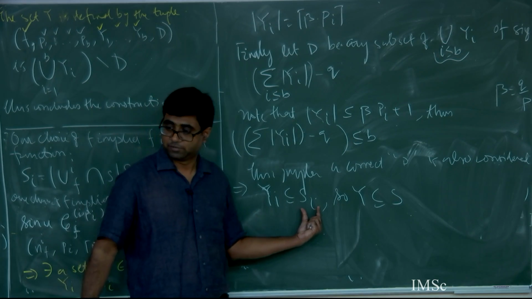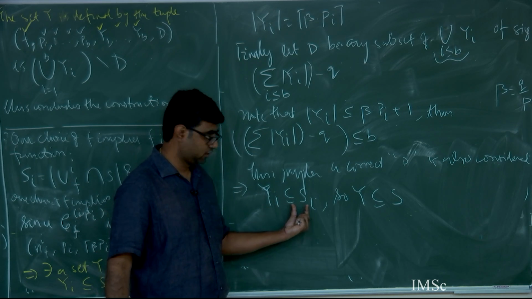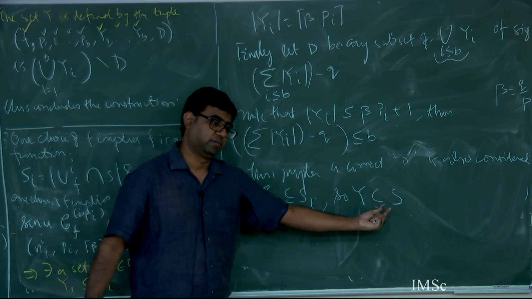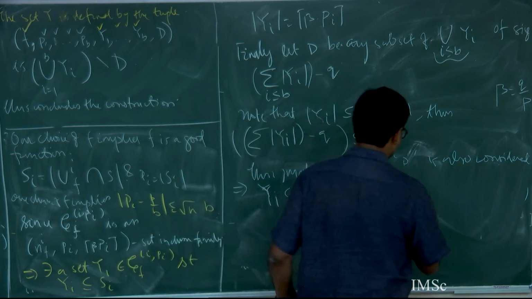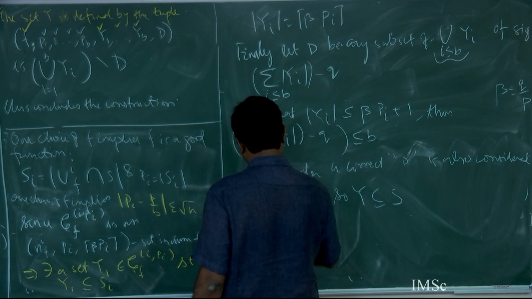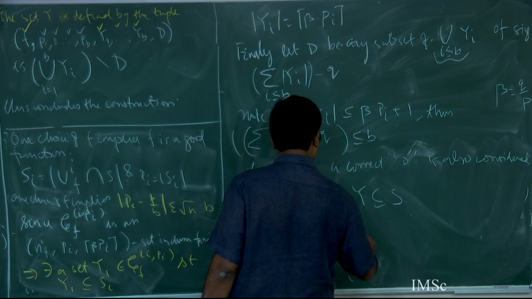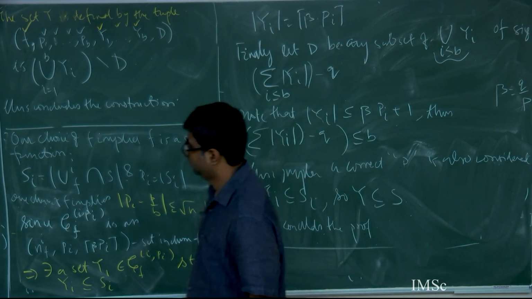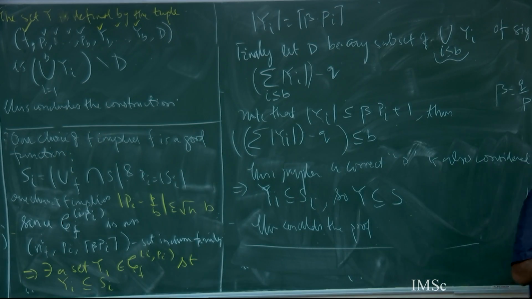Each y was a subset of Si. So if you take their union, it is also considered because these Si are a disjoint union. So y is a subset of S, and that's it. And this is exactly what we tried to do using 2 by independence last time.